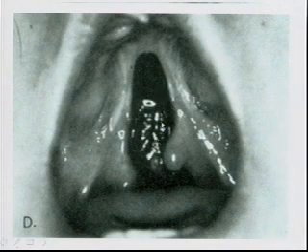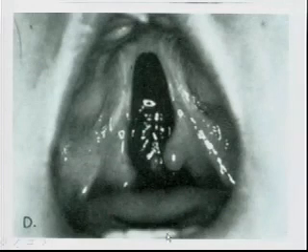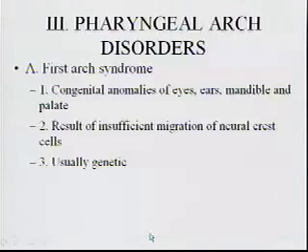We see the glistening nasal mucosa on what we would predict would be the nasal septum, to whatever degree it developed. And of course, there's the tongue and the teeth on the lower jaw.